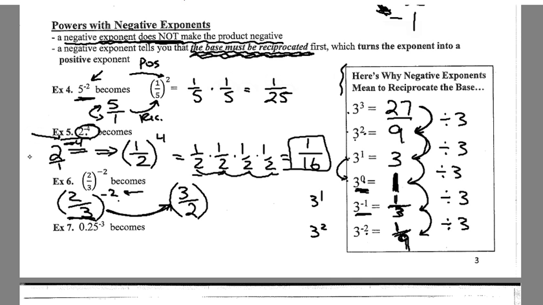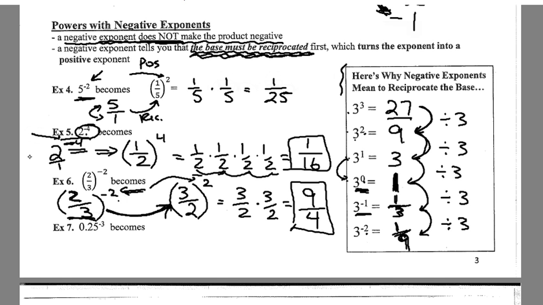My negative exponent becomes a positive exponent. So again, negative exponent, 2/3 reciprocates to become 3 over 2, and the negative exponent becomes a positive exponent. And now we can evaluate that because working with a positive exponent is something we've done. 3/2 times 3/2, 3 times 3 is 9, 2 times 2 is 4, 9/4.